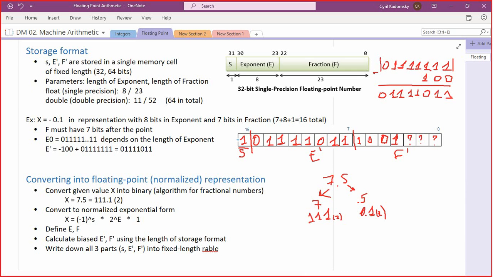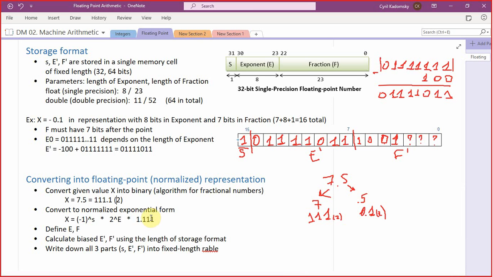The normalized fraction should look exactly like this, only the point must stand after the first digit. So it should be like 1.11. Okay, the question is, what is the exponent?